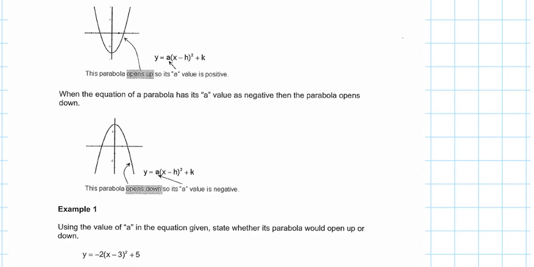So the first thing that we're going to talk about is what does that a indicate in the equation. Okay? So when the equation of the parabola has its a value as positive, then the parabola opens up. So remember how we were looking at the parabola and saying the parabola is opening up or opening down. Now what makes the parabola open up is the a value. If the a value is positive, then your parabola is going to open up.